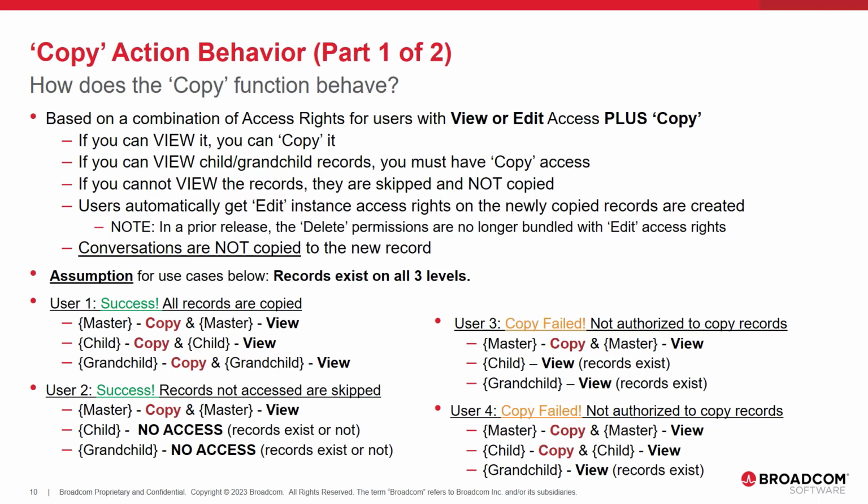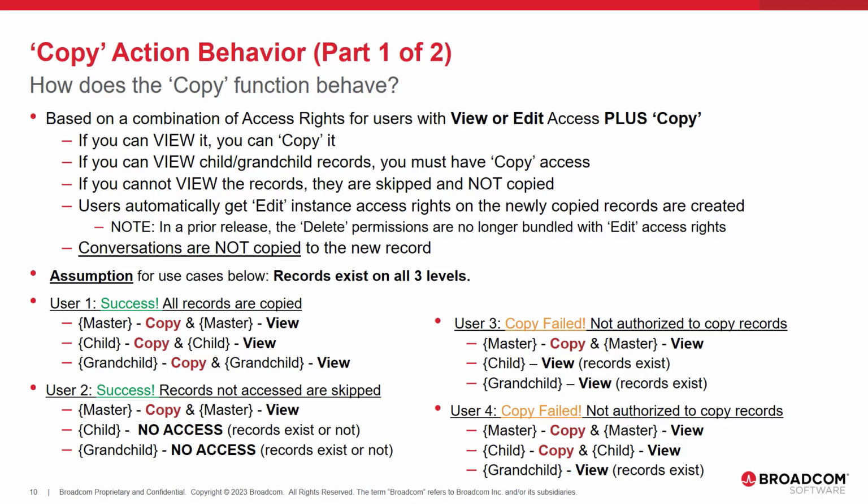Below is a sample, but not all variations, of some use cases with different combinations of access rights. Let's take a look at the outcomes based on the assumption that there are existing source records on all three levels. A user with access to view and copy at all three levels will successfully copy a master with all child and grandchild records.